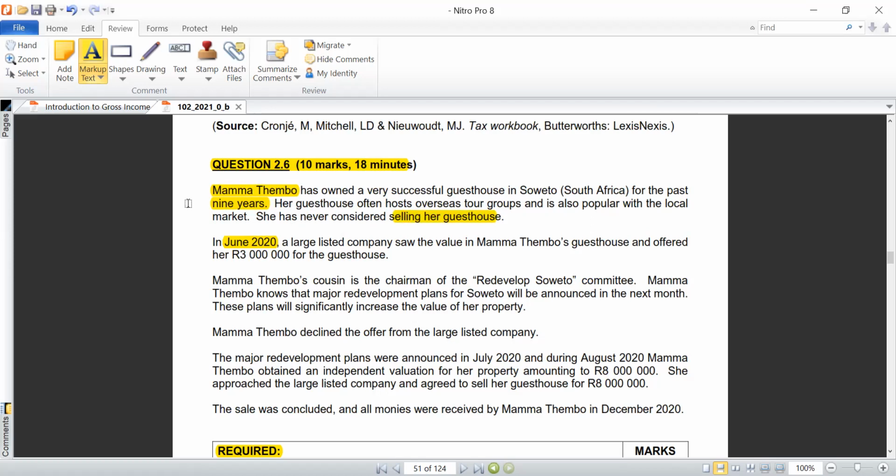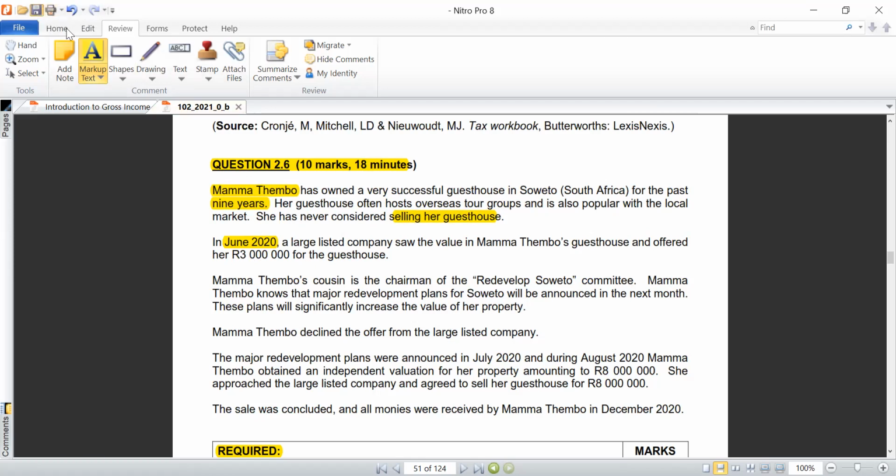Now, when I look at that, before I even go further with the information that is given, one of the things I always want to establish in my mind is what type of taxpayer I am looking at. Is it an individual or am I dealing with a business organization? In this context, it's an individual that is owning a business in the form of a guest house.